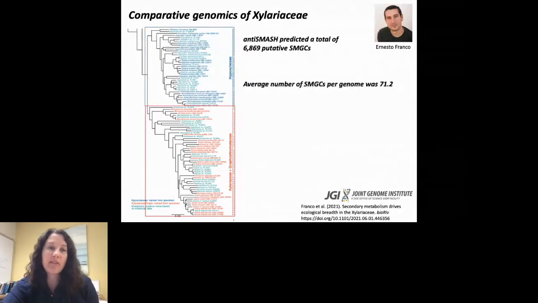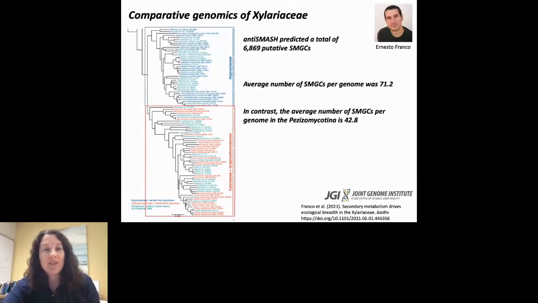The average number of gene clusters per genome was almost 72. To put that in context, the average number across the Pezizomycotina is about 42. So the number of secondary metabolite gene clusters was significantly enriched in this group of fungi, and that's congruent with the bioactivity that has been observed in chemical assays.